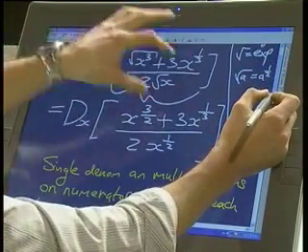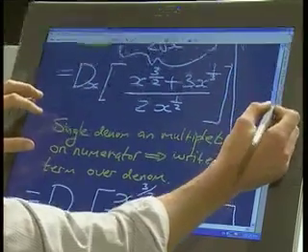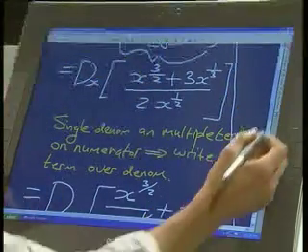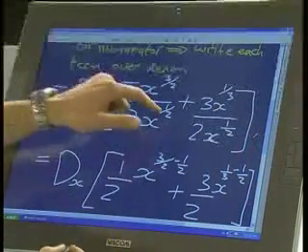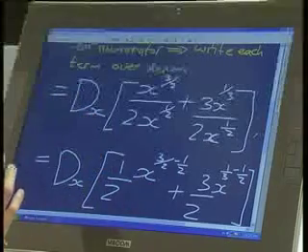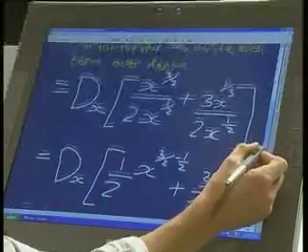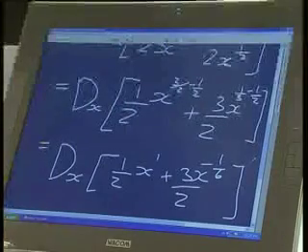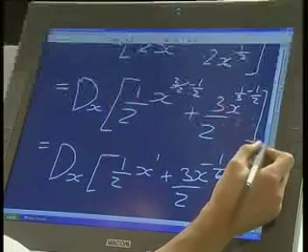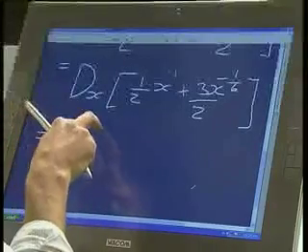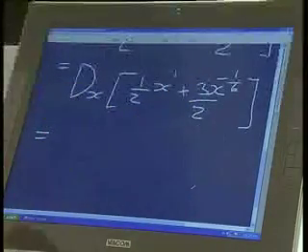We'd say the derivative of this expression is equal to the derivative of this expression, which is the same expression but simplified, which is equal to the derivative of this expression, because I haven't yet done the differentiation, I've only rewritten it in a slightly better way, which is equal to the derivative of this expression, which is equal to the above expression, even simpler, which is equal to the derivative of that. And now finally, I'm not going to say it's equal to the derivative anymore, because I'm now going to apply the derivative on this expression. So my final step is differentiation laws.